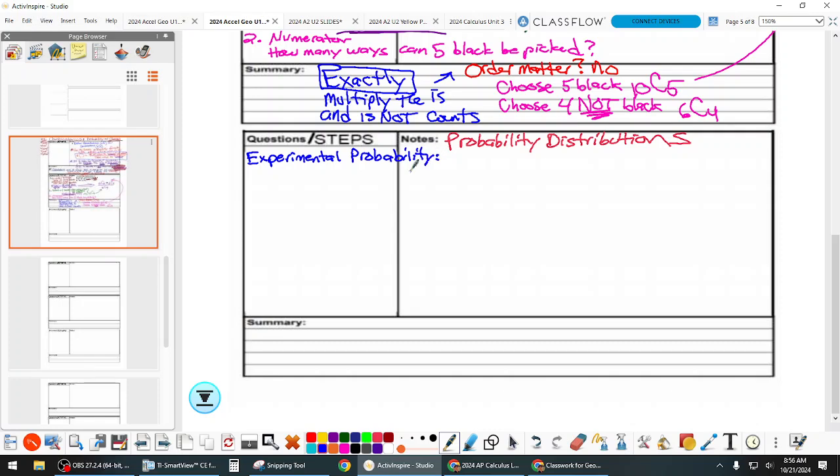So experimental probability: conduct a series of trials and calculate probability on the gathered data.